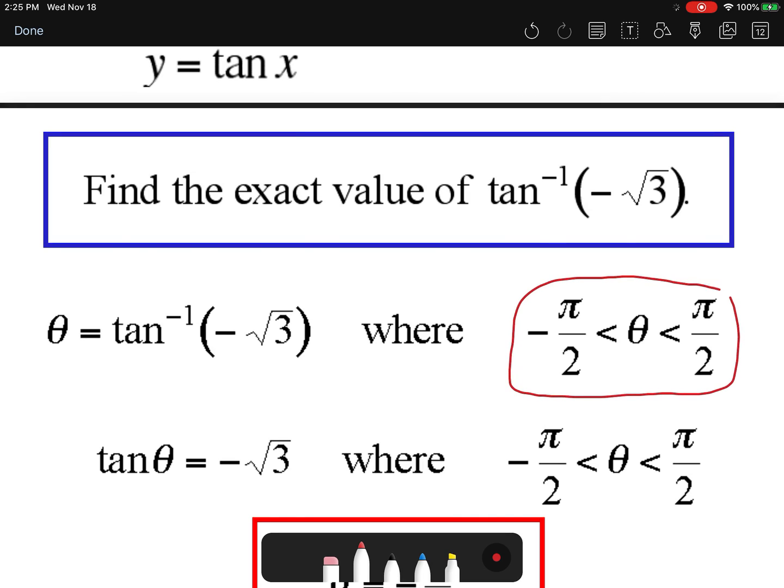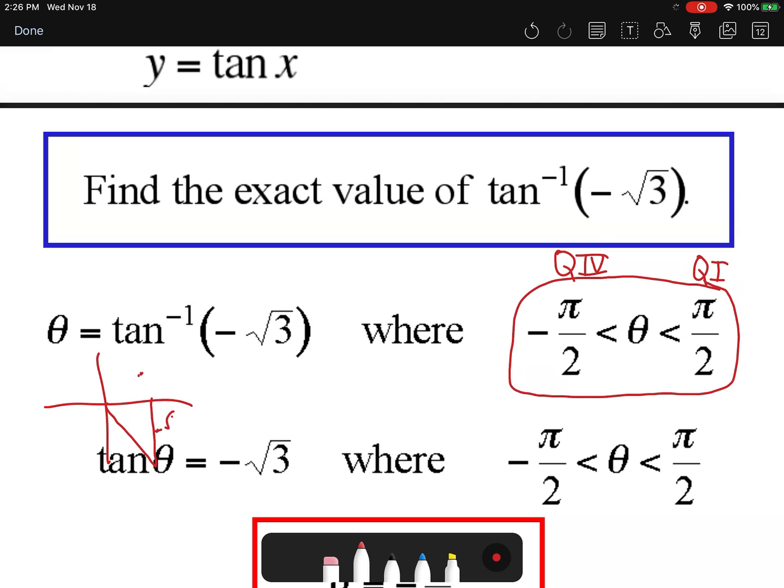So here's what we need to remember. We're only looking at quadrant 1 and quadrant 4. That's it. From negative pi over 2 to positive pi over 2. So when is tangent negative radical 3? Okay, so let's draw this out. Well, that's got to be 1 or 4, right?